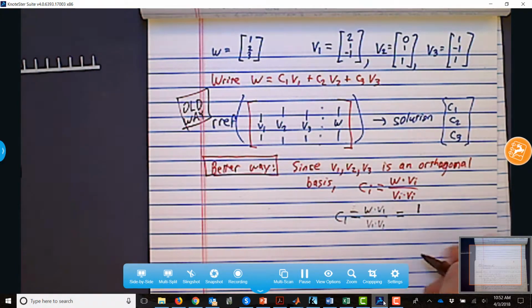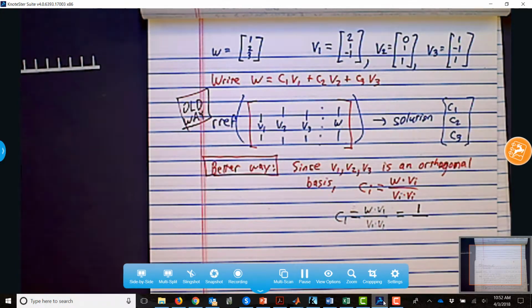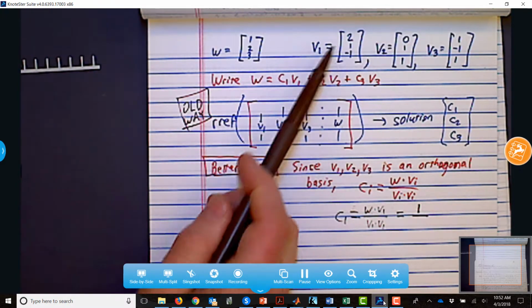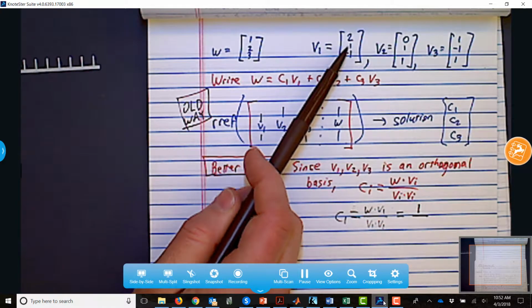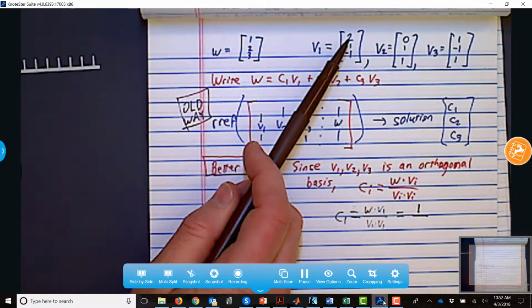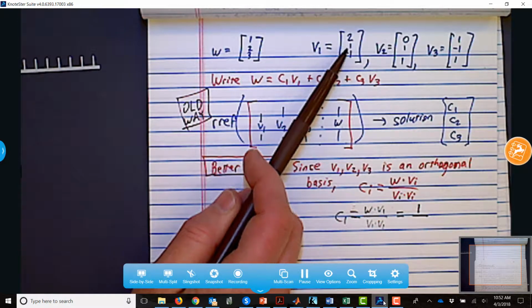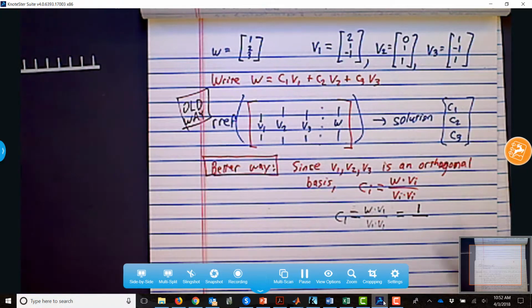And what's V1 dot V1? Well, it's dotted with itself. 2 times 2 is 4, plus 1, plus 1, right? 1/6. So that's C1. That didn't take very long.